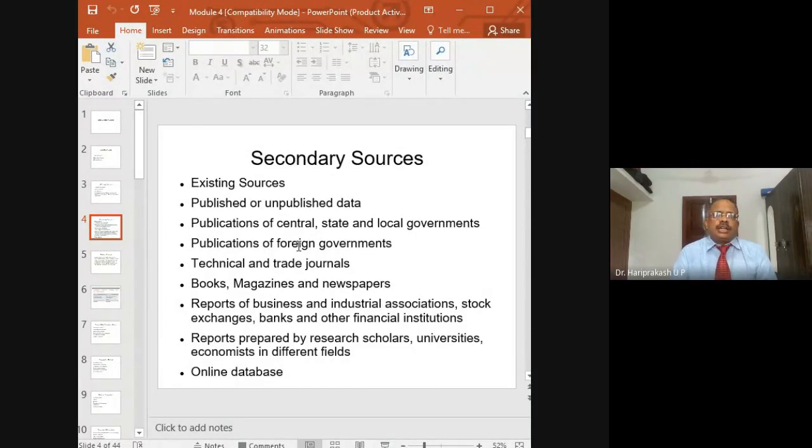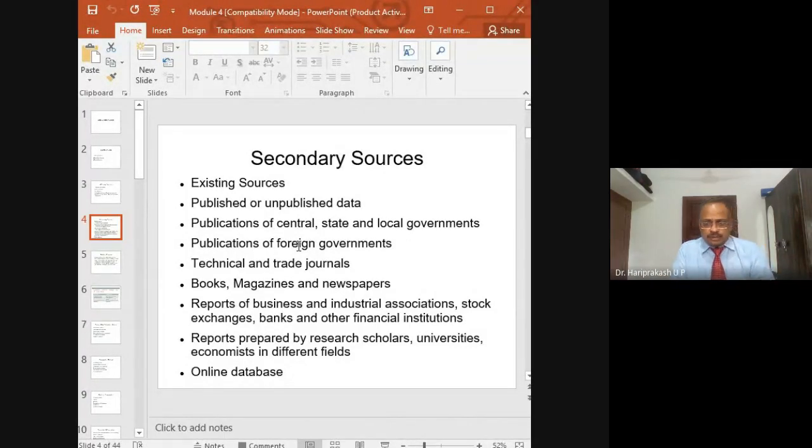Trade, retail organizations, right? Any business, any trade, will have certain publications by their association. There are normally some associations. For example, retail, they have an association.